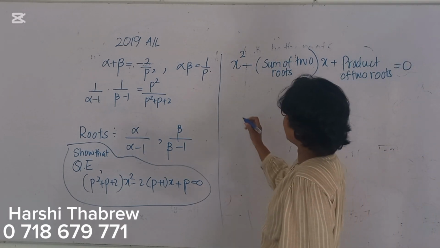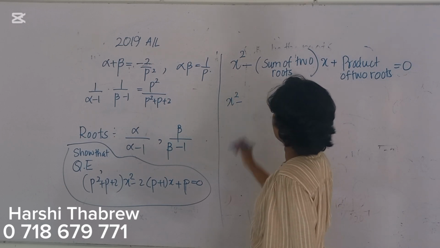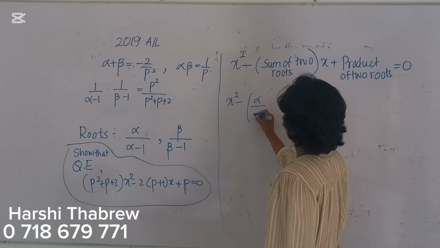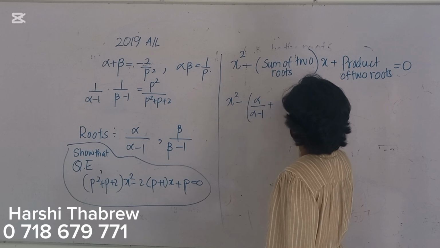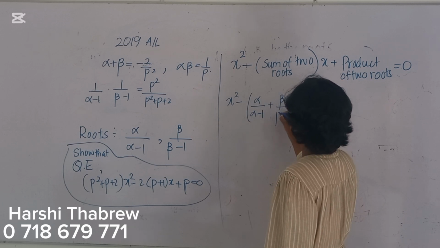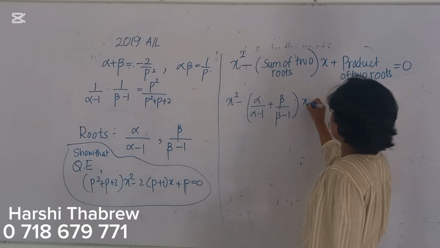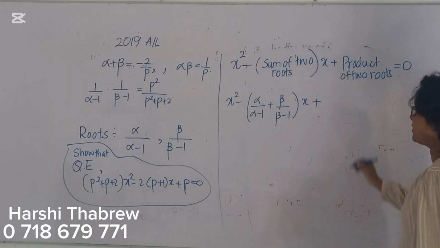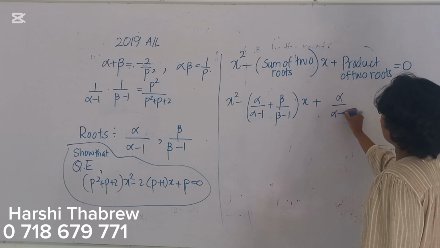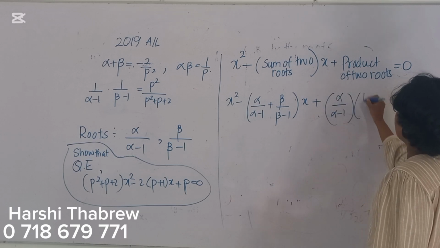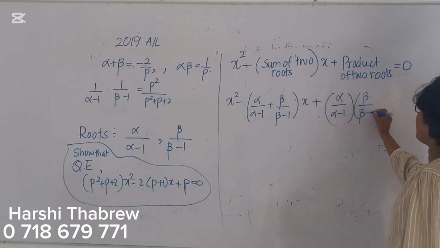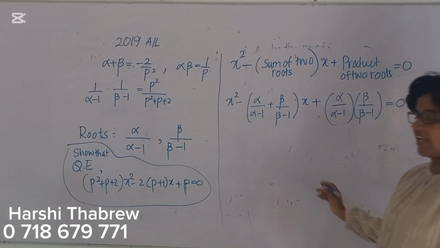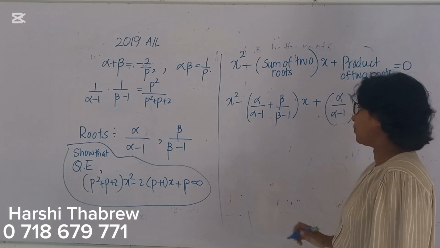So let's write them. x squared minus the sum of these two roots, alpha over alpha minus 1 plus beta over beta minus 1, times x plus the product of the two roots, alpha over alpha minus 1 times beta over beta minus 1, equals 0. For that you have to get a common denominator.